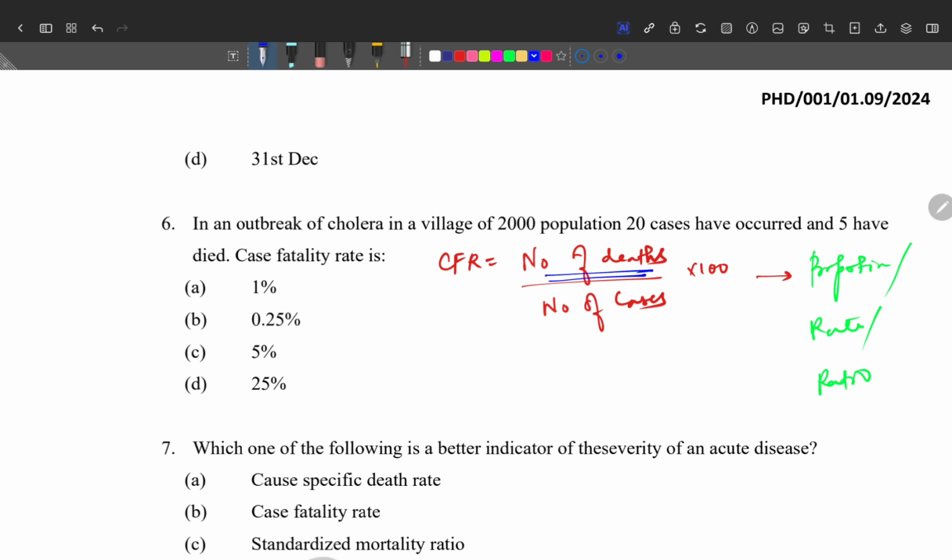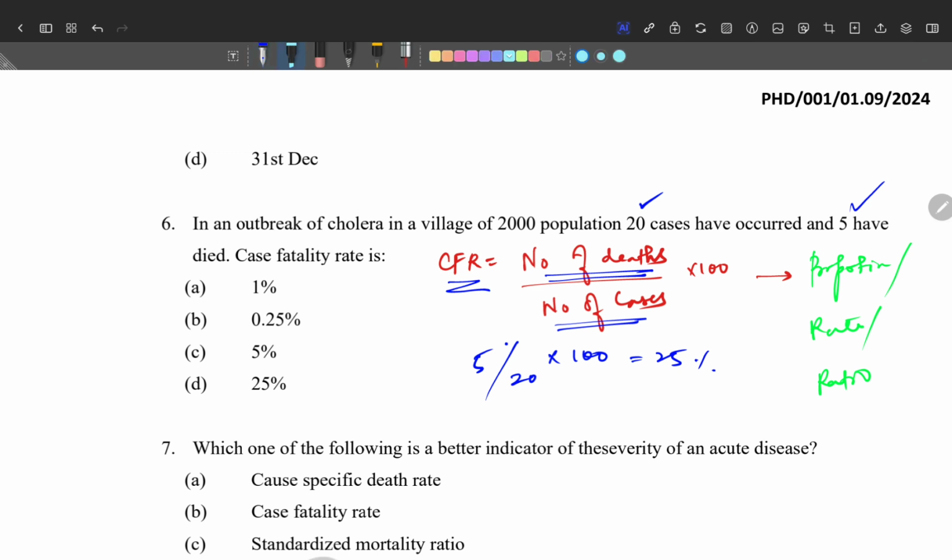Now number of deaths is 5, number of cases is 20, into 100, which is 25%. Clear?